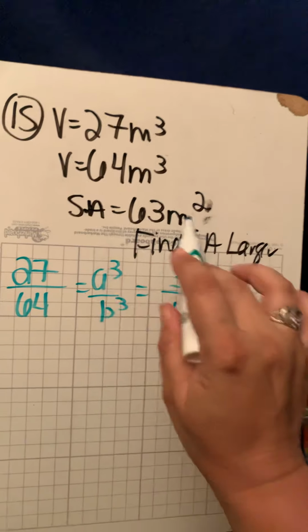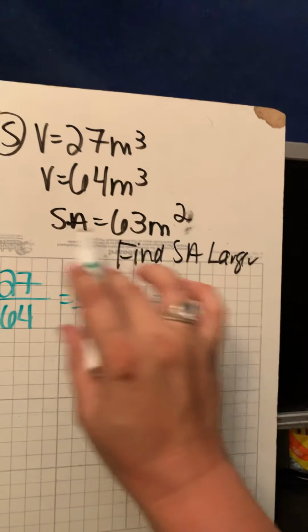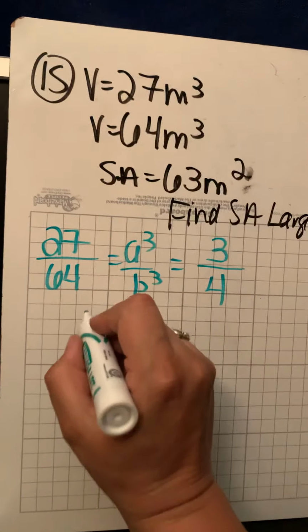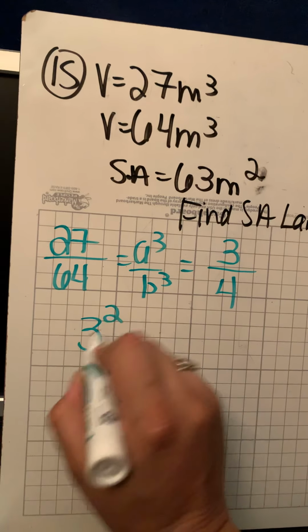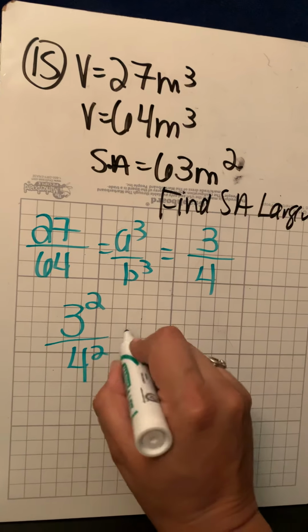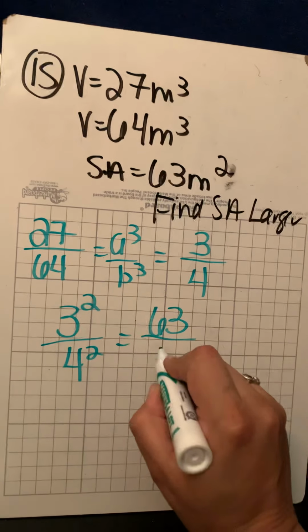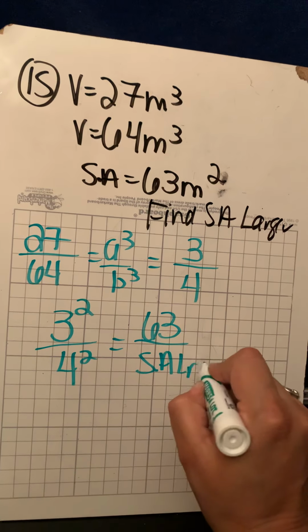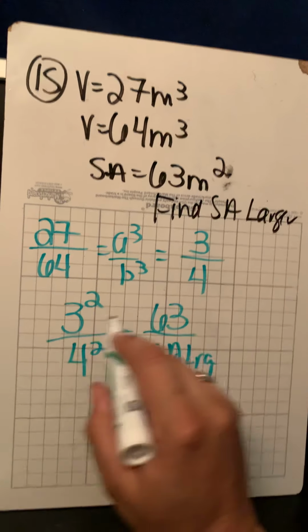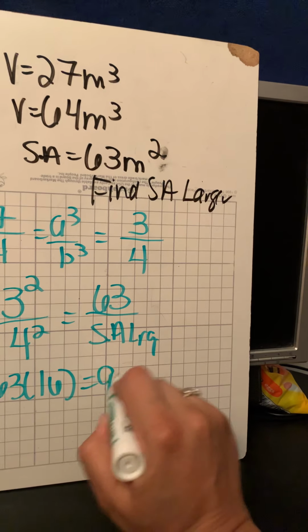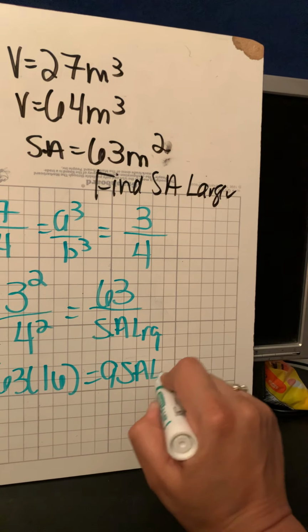Now, they give you the surface area of the smaller, and we need to find the surface area of the larger. So again, set up your ratio. This would be 3 squared over 4 squared, because that's what surface area is, over 63 and the surface area of the large. Cross multiply. So it'd be 63 times 16 equals 9 times the surface area of the large.